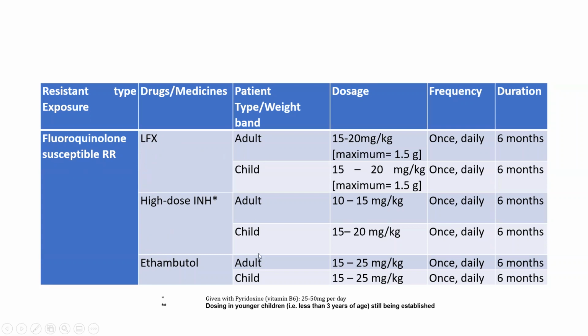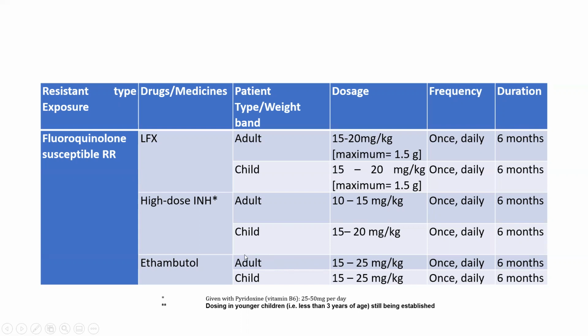Both adults and children can be offered, and the dose is 15 milligrams per kilo in adults and 15 to 20 milligrams per kilo in children. It is taken daily for a duration of 6 months for all of this treatment.